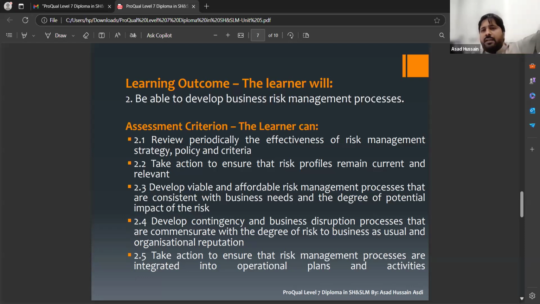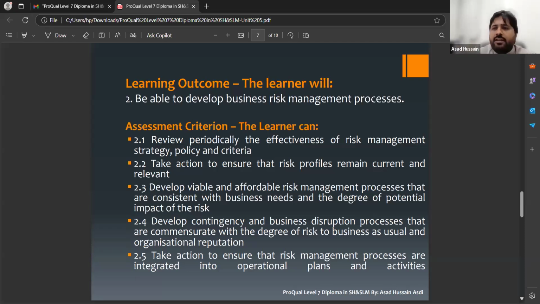Like if top management is doing that, it's fine, they are doing it biannually or annually. If middle management is doing that, then it's monthly or quarterly. If lower management is doing that, then it will be weekly or monthly, and that will be fine.